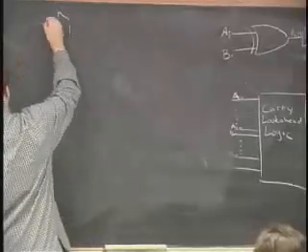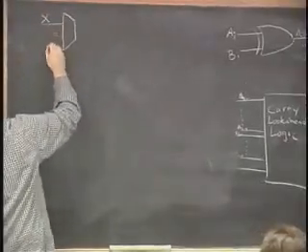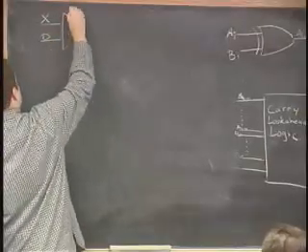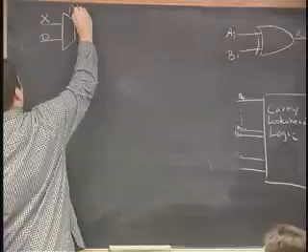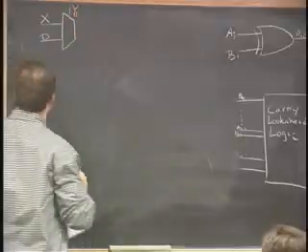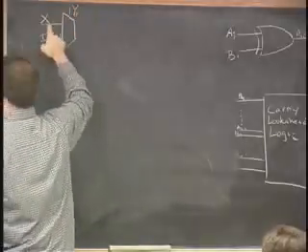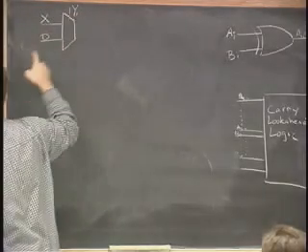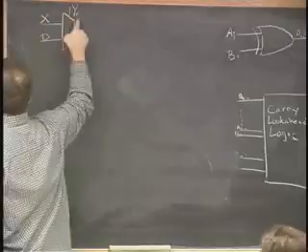Okay, so we have x coming in and 0 coming in, okay? And y0. So what does this say? It says we're either going to choose x or 0, depending on whether y0 is 1 or 0.